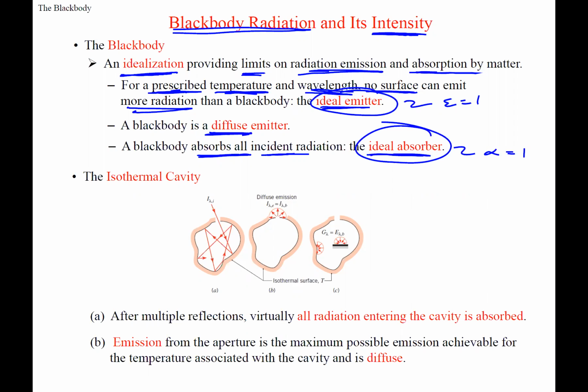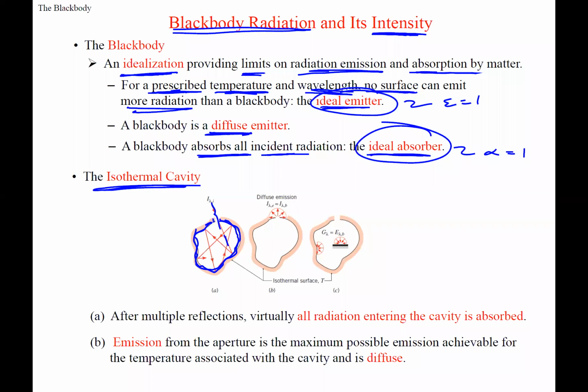One example of a blackbody is an isothermal cavity. If you have this small aperture and this cavity, and some incident radiation comes in, it's just going to bounce around in there until it gets absorbed. It doesn't matter if the surface inside is highly reflective or not, because the pinhole is so small, it's not going to hit it, and it bounces around until it gets absorbed.